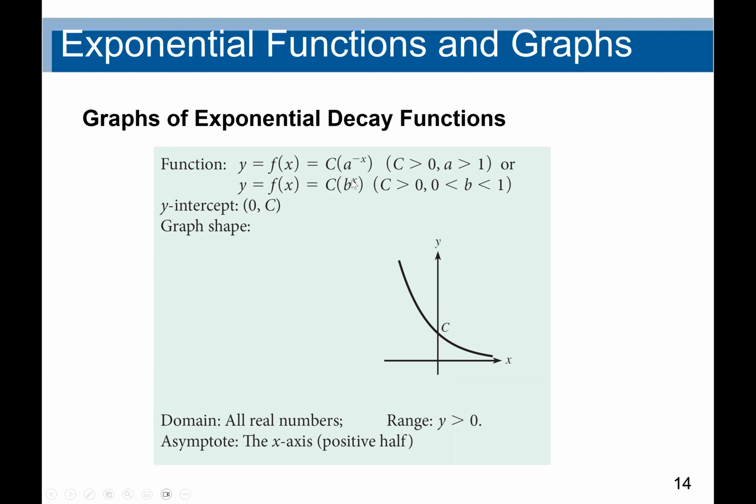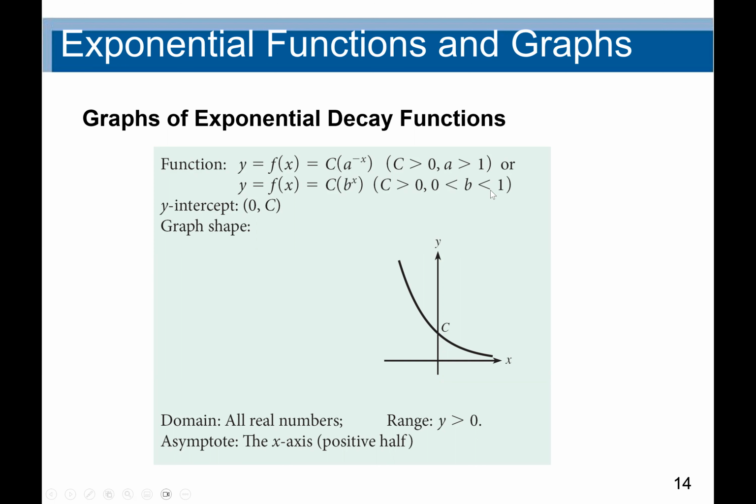Or sometimes we may have a positive x, but here we have c times b to the power positive x. But in this case, c also should be greater than 0, but b must be between 0 and 1. It must be greater than 0, so b cannot be a negative value and it cannot be a 0 value.